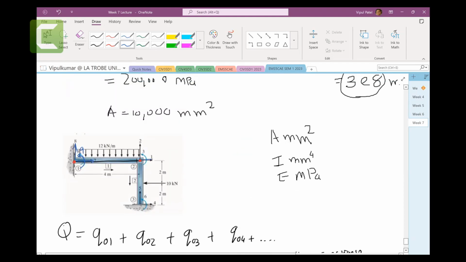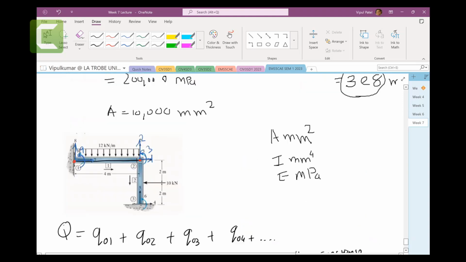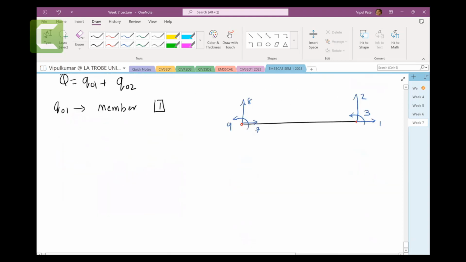And I can draw 1, 2, and 3. Just copy paste. Nothing important I have done here. Right? So far, so good. And the length is 4 meters.